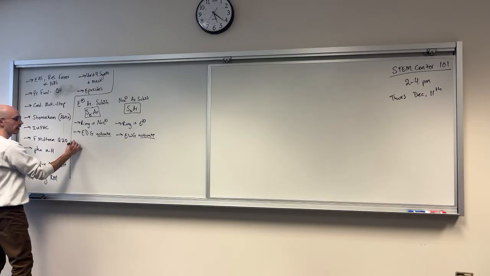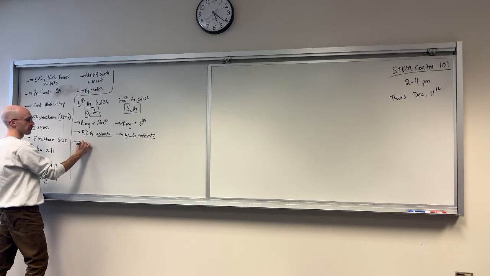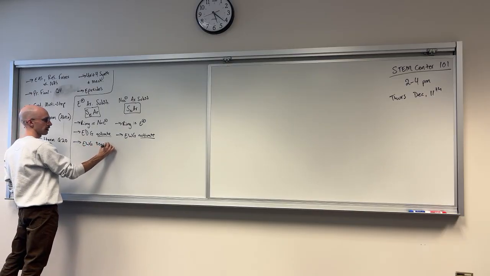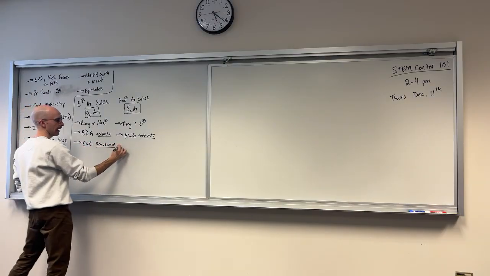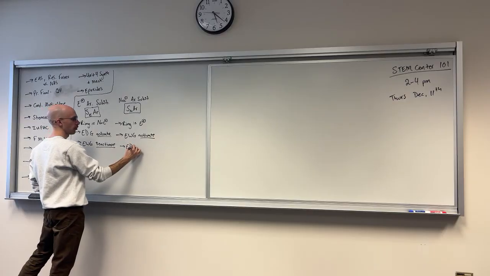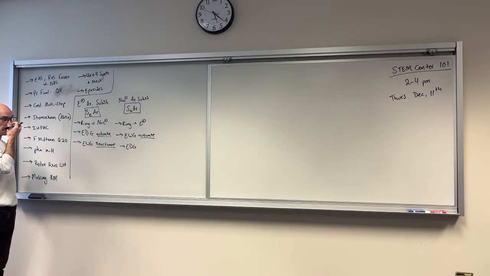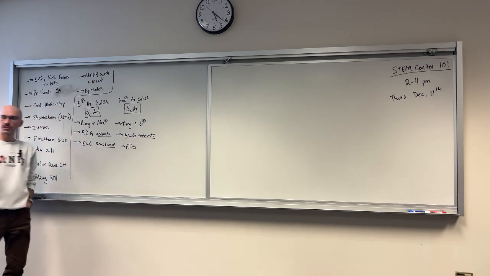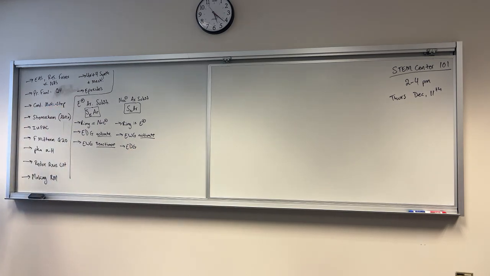All right, then electron withdrawing groups for EAS would be deactivators, and electron donating groups on NAS, I use the word inhibit. Some people think that that means like, oh, that just slows it down.